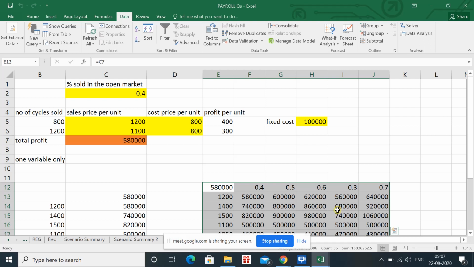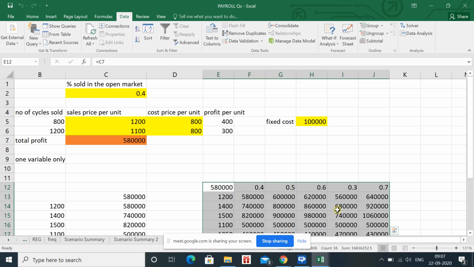Now we are moving to the last part of this question, which we have not discussed earlier, where they are saying that if we change three variables, what will be the impact over the profit?